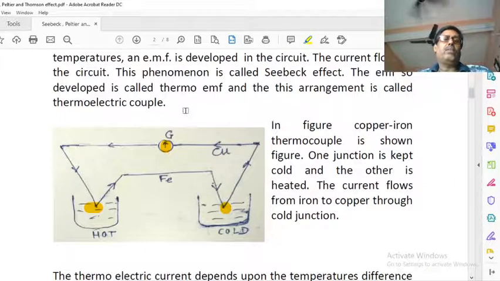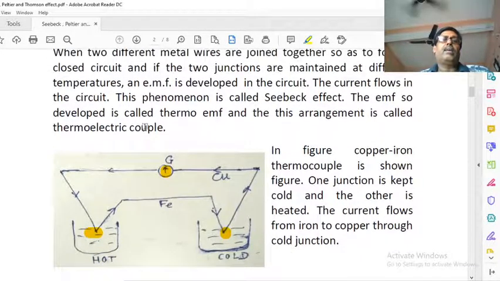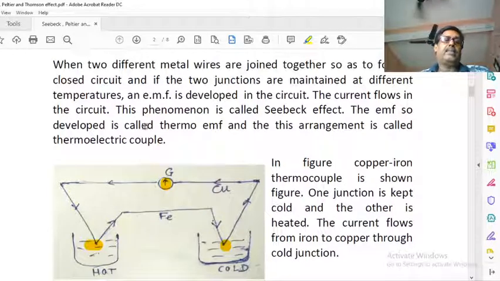If we want to conclude this, we can say that Seebeck in his experiment found that when two dissimilar metals are joined at ends and the two junctions are kept at different temperatures, the current flows in the circuit and EMF is set up.